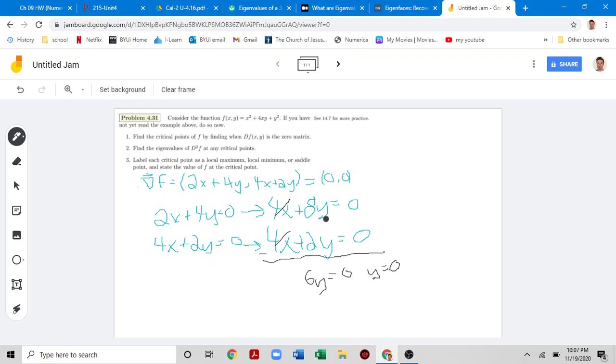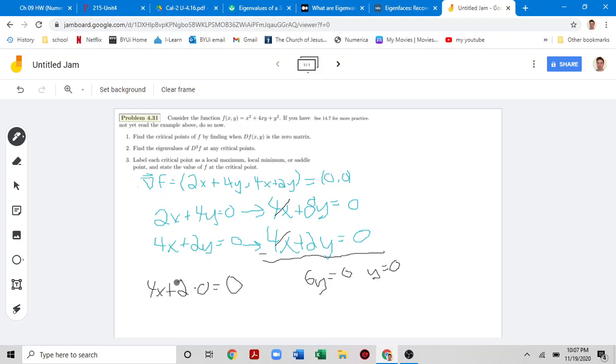That's super helpful, because we have to find the critical points of f. We already have the value of y, so we can use one of the equations, 4x plus 2y, to find out what x equals. So 4x plus 2 times 0 equals 0, since we already have y.